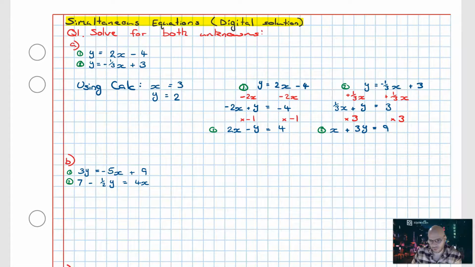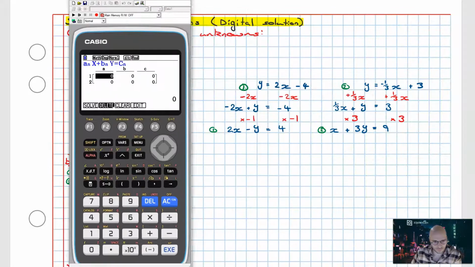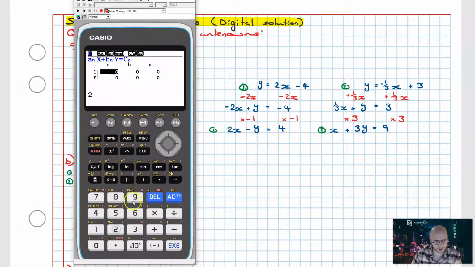Alright, now using the tool, we're going to get 2, minus 1, 4. So that's our first system, or first equation. Then the coefficients for the second one is going to be 1, 3, and 9.